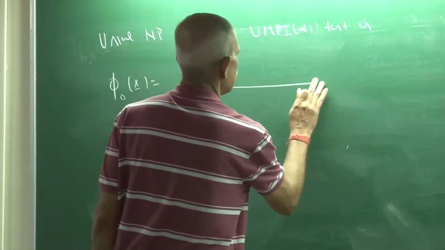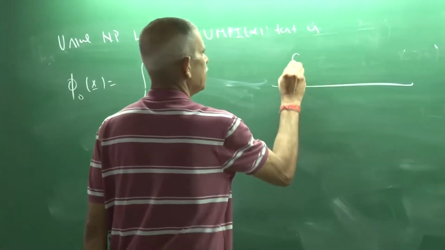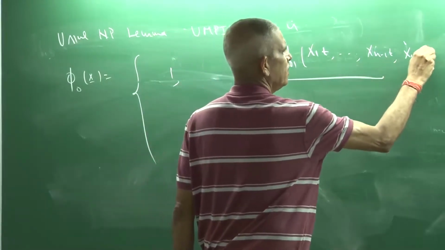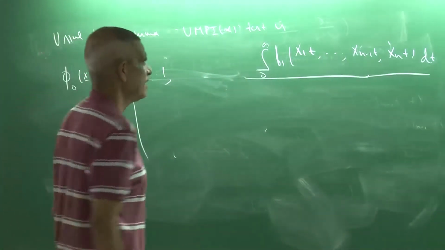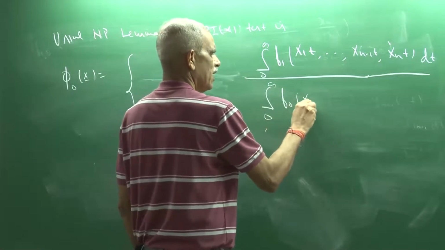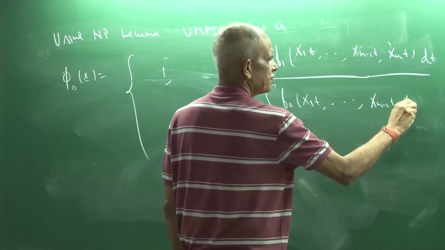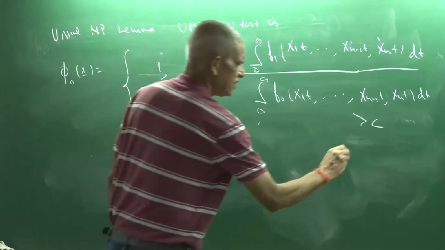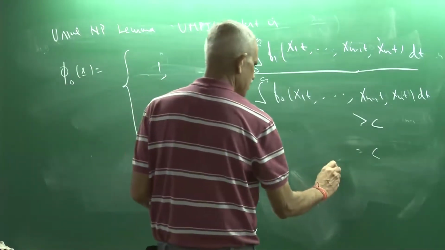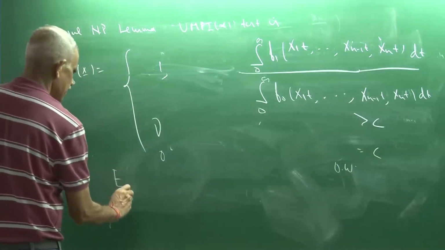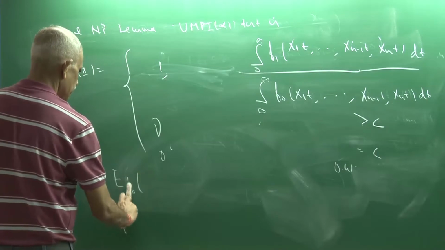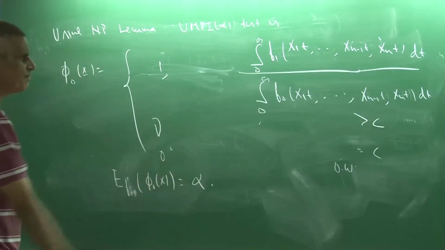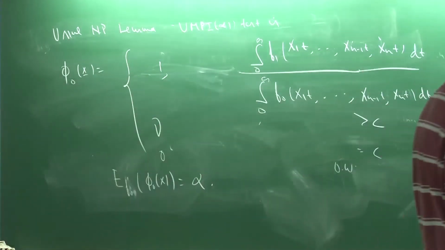So it is 1 if the integral from 0 to infinity of f1 of x1 t, ..., xn minus 1 t, xn t dt divided by the integral from 0 to infinity of f0 of x1 t, ..., xn minus 1 t, xn t dt is greater than C. It is gamma if this is equal to C, and 0 otherwise, where C is chosen such that the expectation under F0 of phi naught of x is the same as alpha. So we have found the UMPI alpha test.